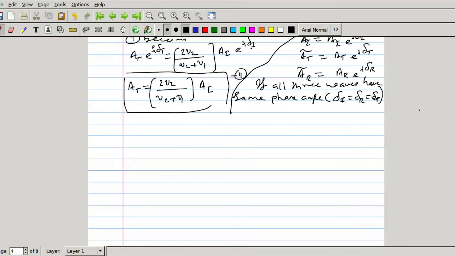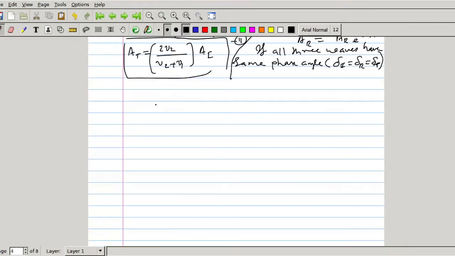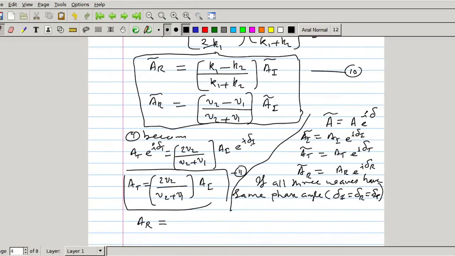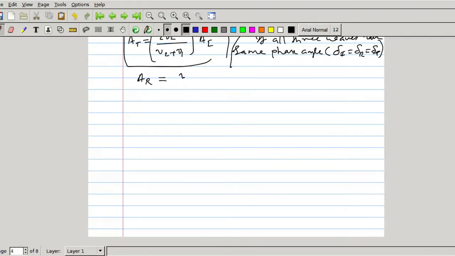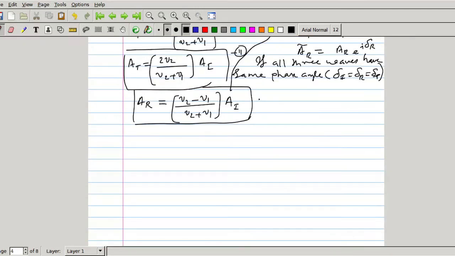In a similar way, we can write equation 10 as AR e raised to i delta R is equal to V2 minus V1 by V2 plus V1 into AI e raised to i delta I. Since e raised to i delta I and e raised to i delta R are same, we can write the real amplitude of reflected wave as AR equal to V2 minus V1 by V2 plus V1 into AI, equation number 12.